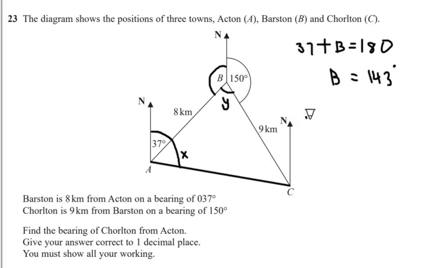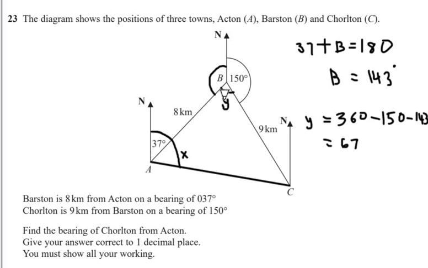So now this little angle here, let's call that Y. So Y is going to be 360 take away 150 and also take away 143, and that equals 67 degrees. So Y is 67 degrees.